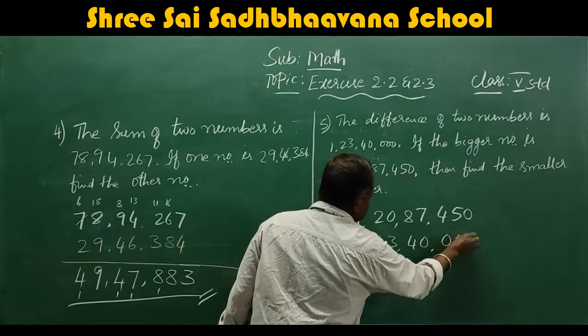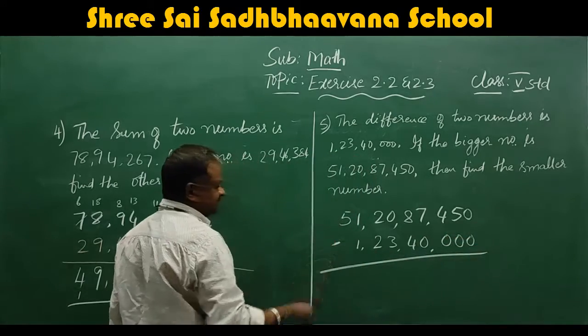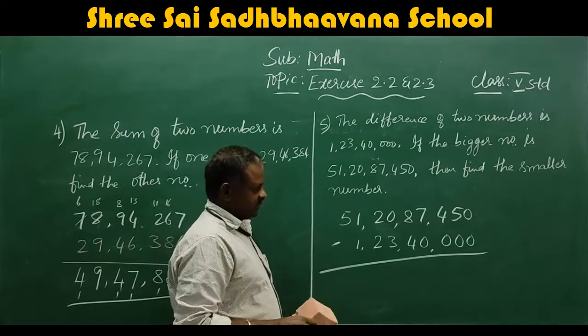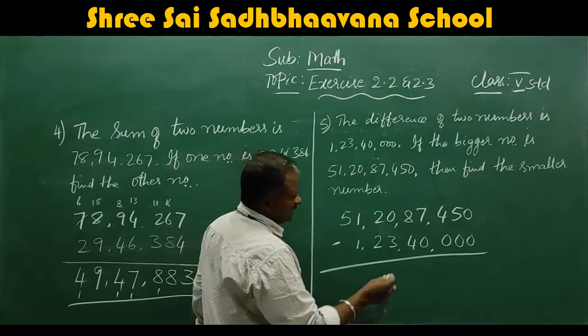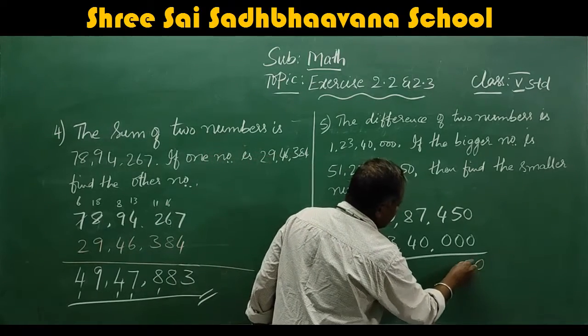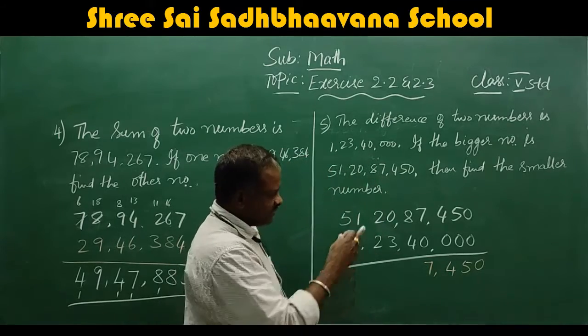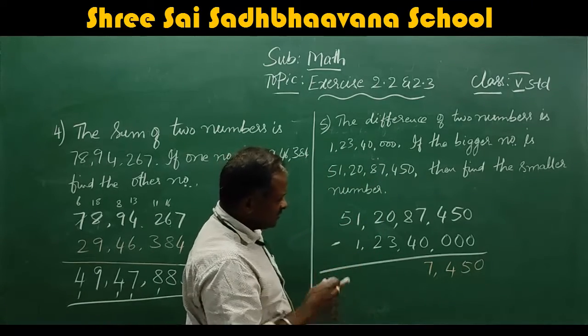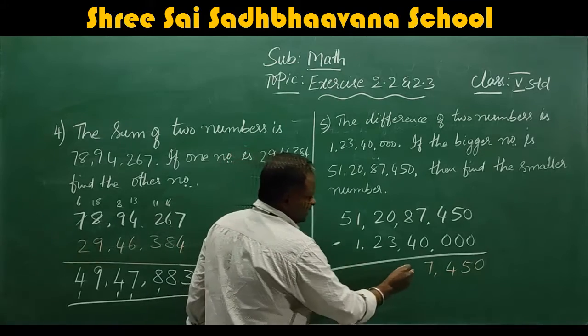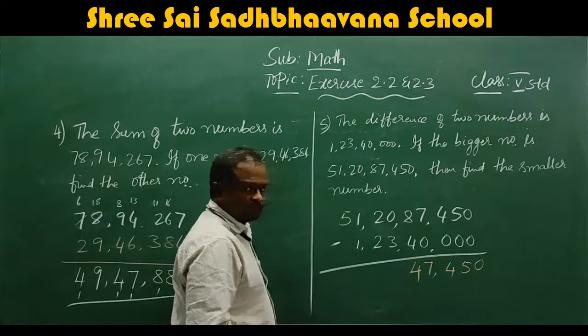Subtract. So 0, 5, 4, 7. 0 minus 0, 0. 5 minus 0 is 5. 4 minus 0, 4. 7 minus 0, 7. 8 minus 4, 4.